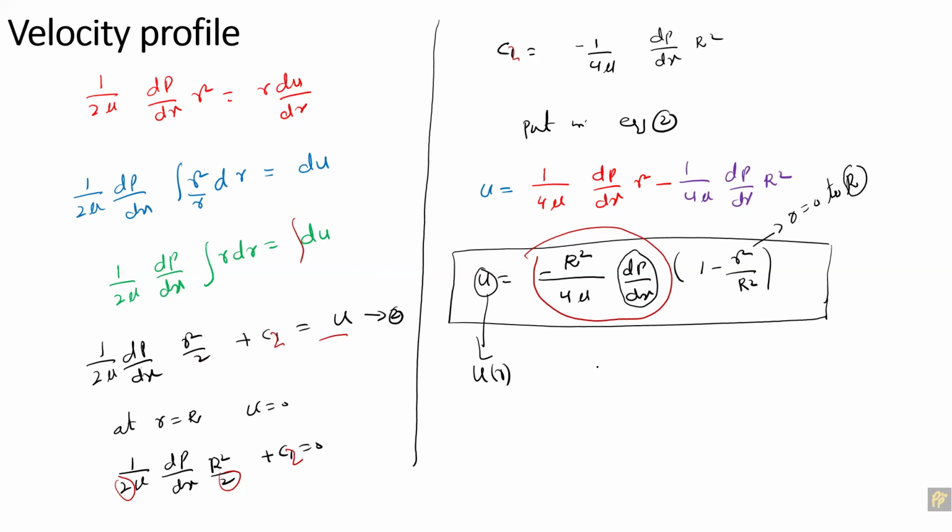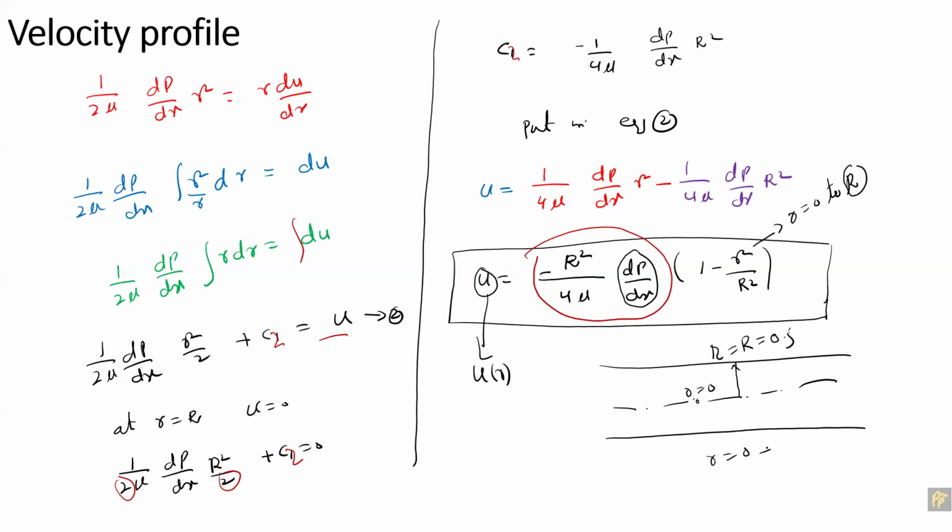For example, this is a cylinder, it's a pipe, and this is the center. And r is equal to R here on the pipe wall, and here in the center r is equal to 0. So let's say the pipe radius is 0.5 and the diameter is 1 meter. In this case the small r will vary from 0 to 0.5.